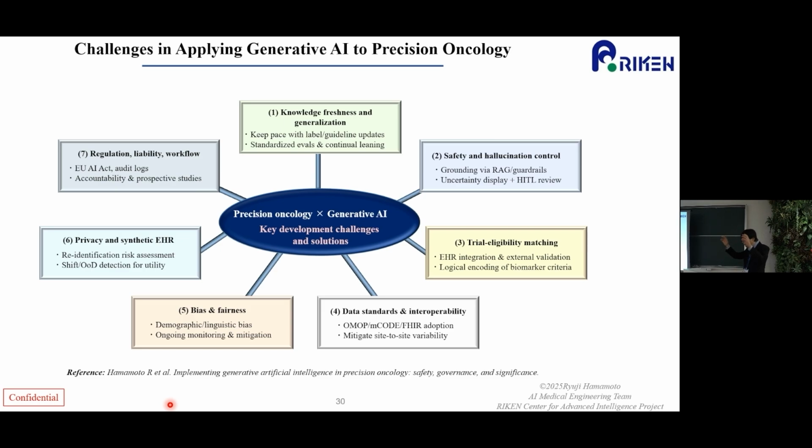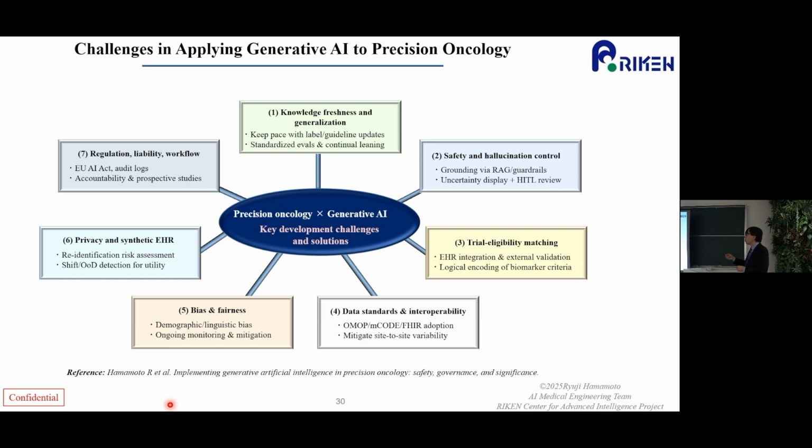For example, if we build a model based on the National Cancer Center's data and evaluate the model using data from the National Cancer Center, we sometimes get very good results. But with data from other institutes, for example, University of Tokyo Hospital data, the accuracy significantly decreases. This sometimes happens because of the domain shift.